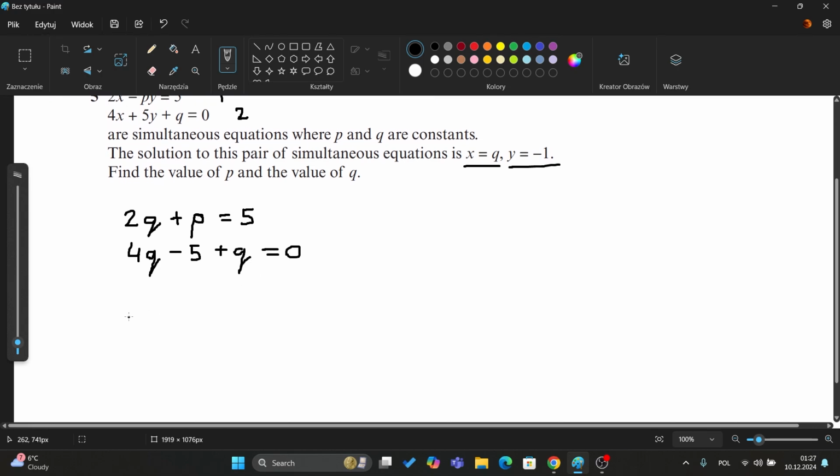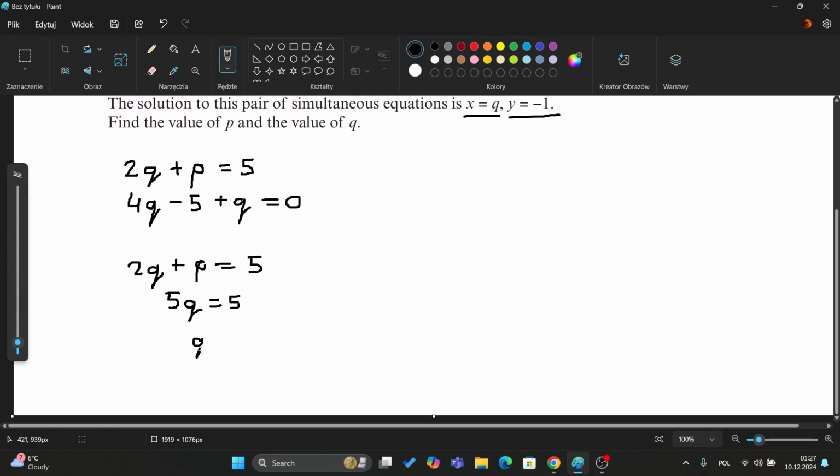So now we can turn this into 2q plus p equals 5, and 4q plus... actually this will be 5q is equal to 5, so q is equal to 1.